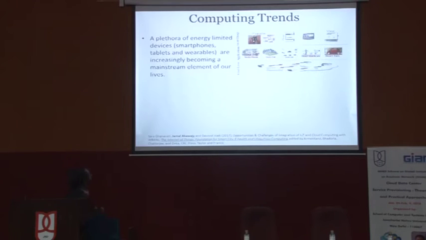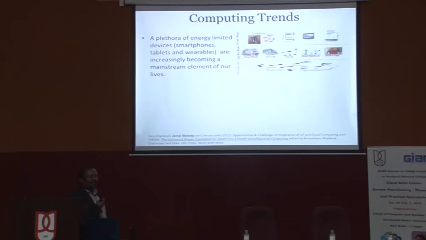Now, we are still talking about cloud, but the application types that we run on cloud have changed. As you can see, these are new applications, completely different. We did not think about these applications earlier. And these applications include smartphones, tablets, and wearables. And we talk about smart cities, smart TVs, smart fridges, smart cars.